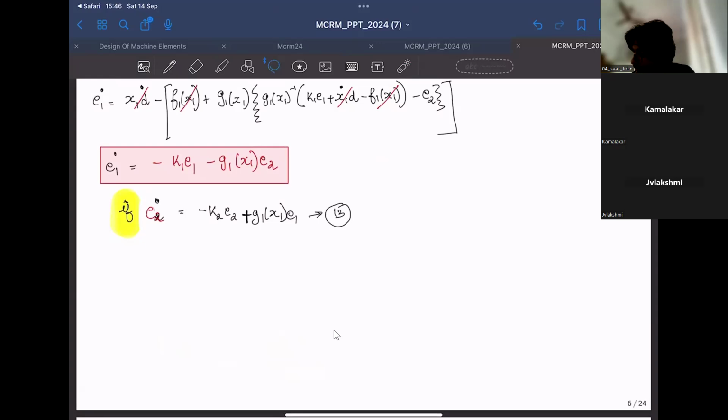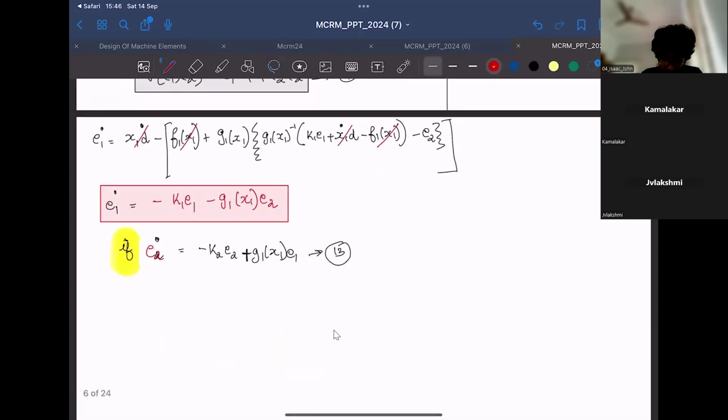So our second subsystem, E2 should be as per this. E2 would be x2 desired dot minus x2. This was our second subsystem. I'll label this as equation 14.